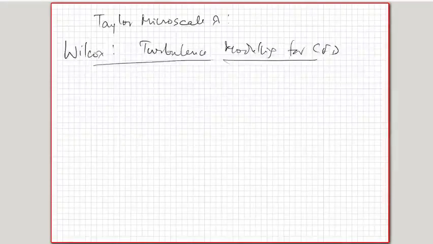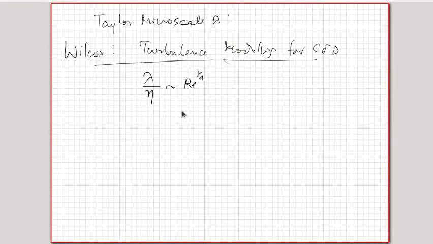Okay, so in that we get this. The lambda divided by eta is usually of the order of Reynolds number to the power of 1 by 4. So if we are looking at RE, this is Reynolds number with L as a length scale, which is the object size as a length scale. So if we are dealing with RE of the order of 10 to the power of 4, this is 10, right?